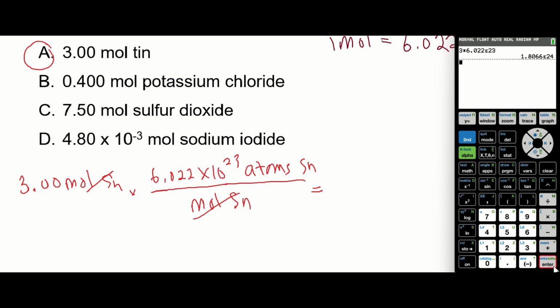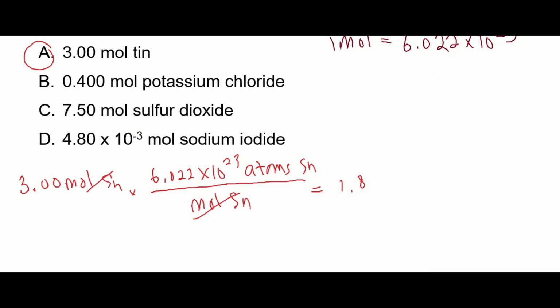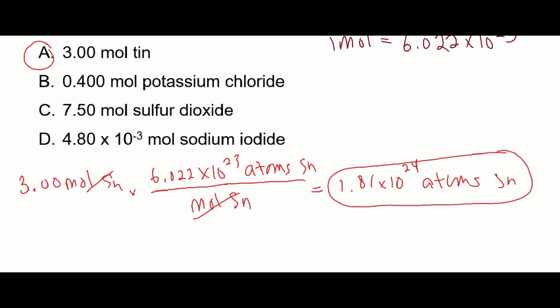So we need 3 significant figures. So it was 1.81 times 10 to the 24 atoms of tin are in 3 moles of tin.